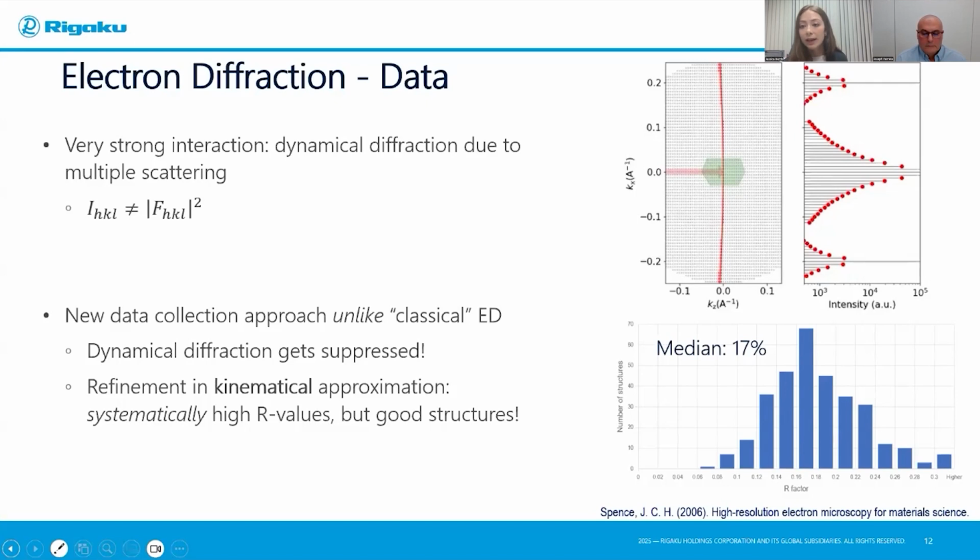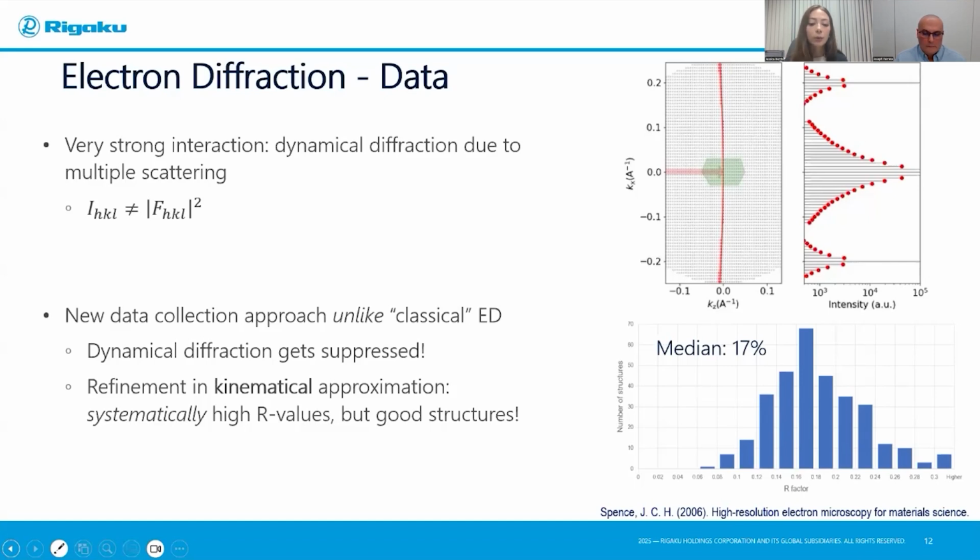So in the more classical sense of electron diffraction, you would carefully align a crystal to a zone axis and record a diffraction pattern. And that's actually where the dynamical scattering is at its maximum. In this new data collection approach, we are continuously rotating a crystal, much in a similar way to single crystal X-ray diffraction, and we find that dynamical scattering is minimized.